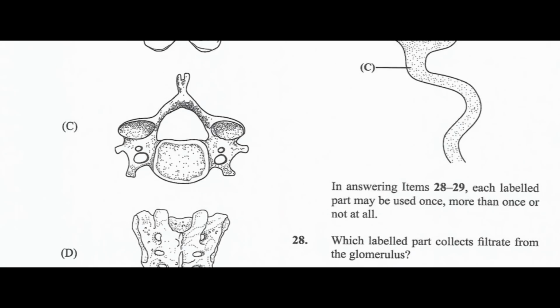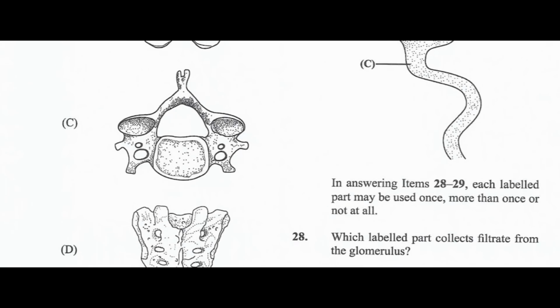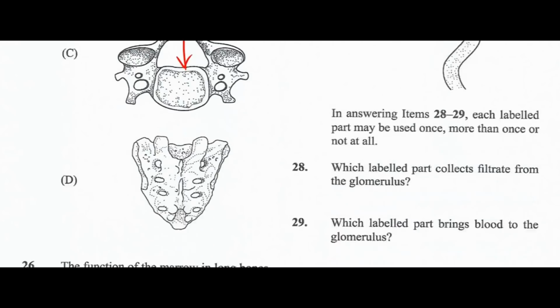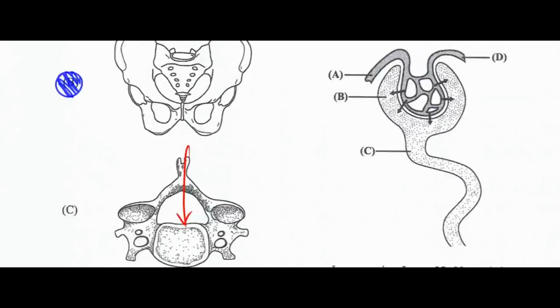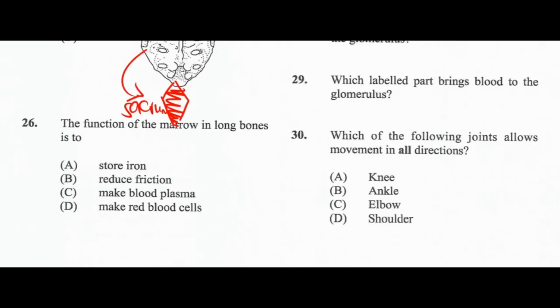This is actually part of your vertebral column, right? So your spinal cord runs through this area here. And this is your sacrum, the actual end before you get to the coccyx, also a part of the vertebral column, right? So the answer for 25 is B.